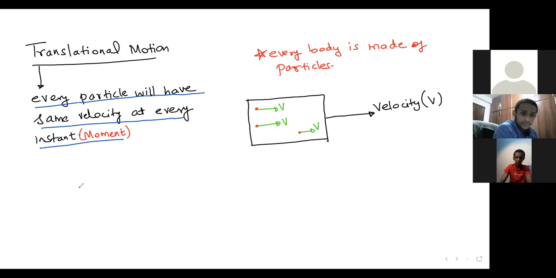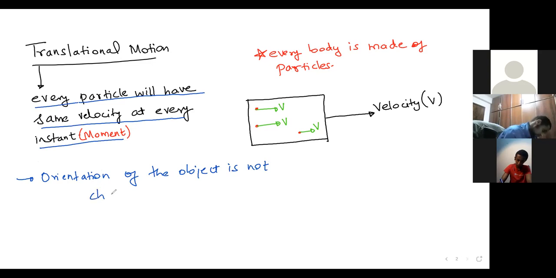In layman's language, translational motion is when the orientation of the object is not changing. You must have noticed in the first two examples, the orientation of the phone was not changing while moving, right?